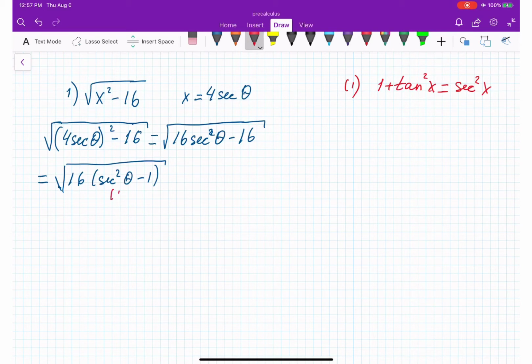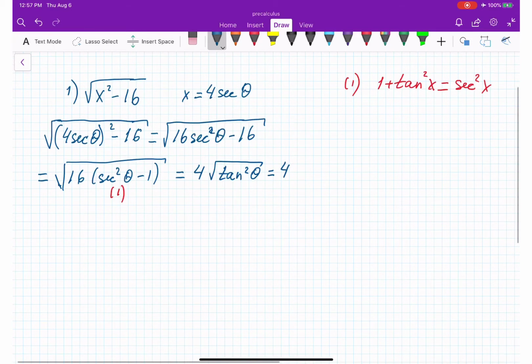So here I put formula 1, and we get the square root of 16, which is 4. 4 comes out, and underneath we have tangent square theta. The answer will be 4 tangent theta, taking the square root of tangent square.